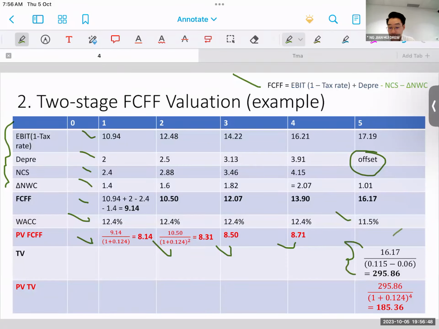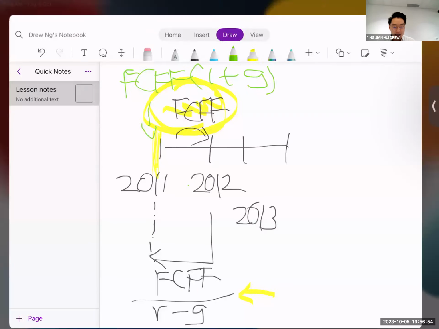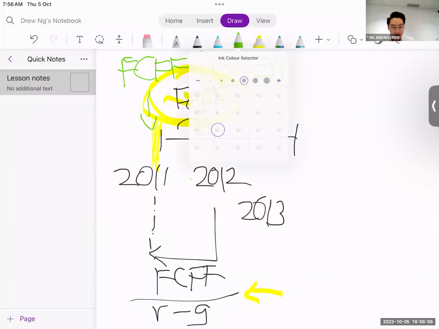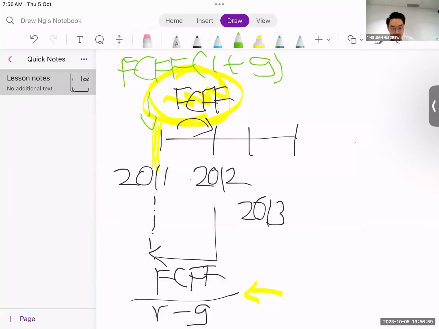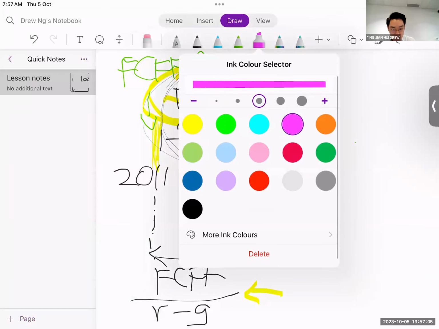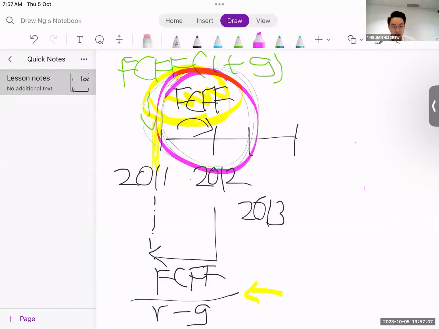Again, we did not multiply by 1 plus G because of the timeline. It's the same explanation as this here, which I'm just going to jump back to. Here, this one, right?